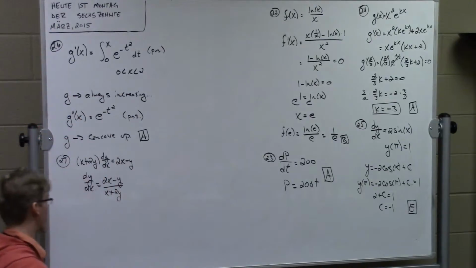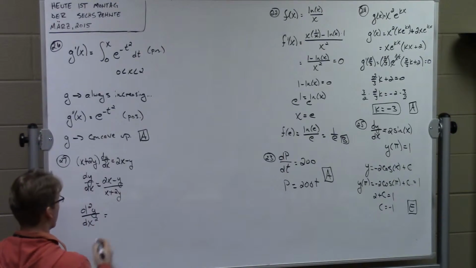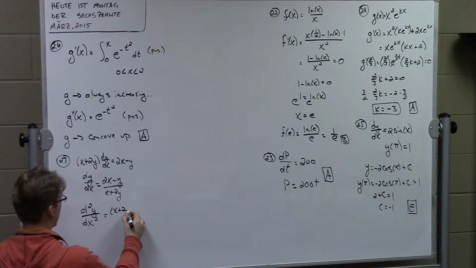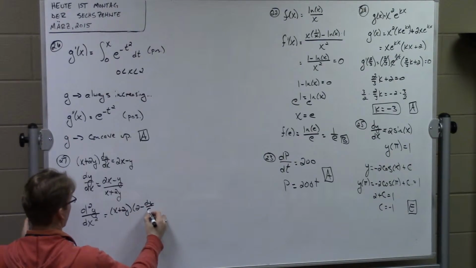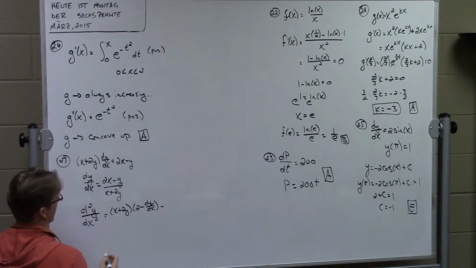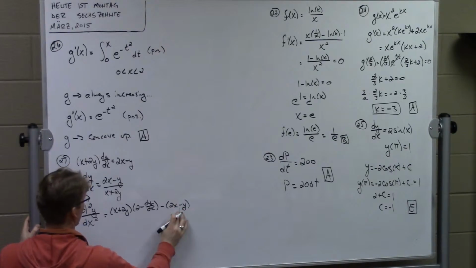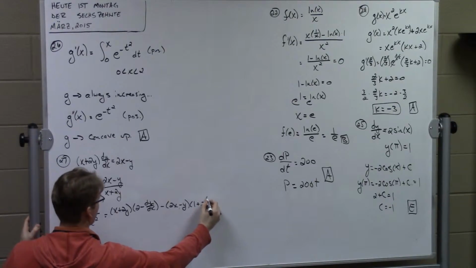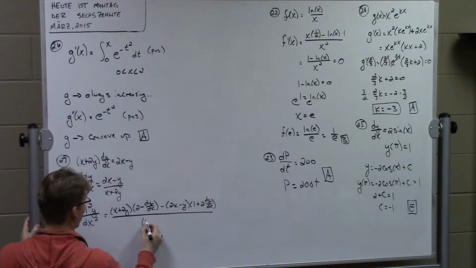All right, second derivative, here we go. d2y over dx squared: low d high, this is just straight up implicit, less high d low, which is going to be 1 plus 2 dy dx, all over the bottom squared.